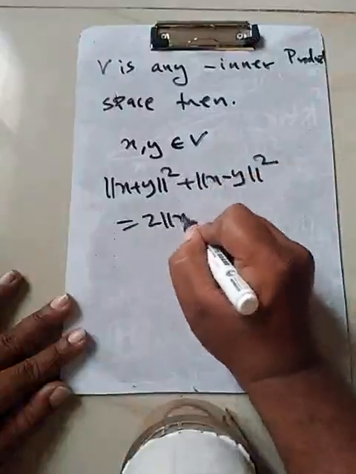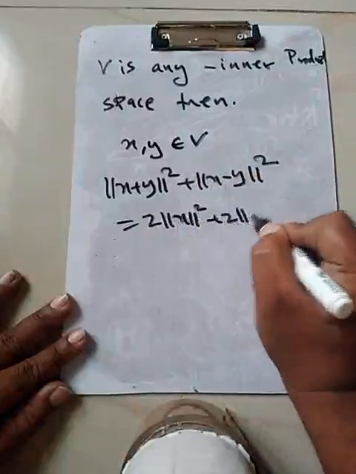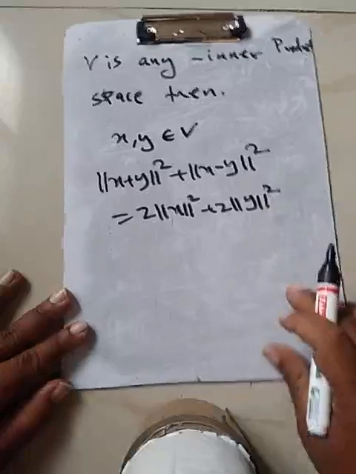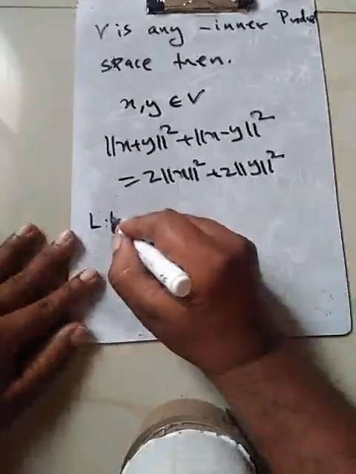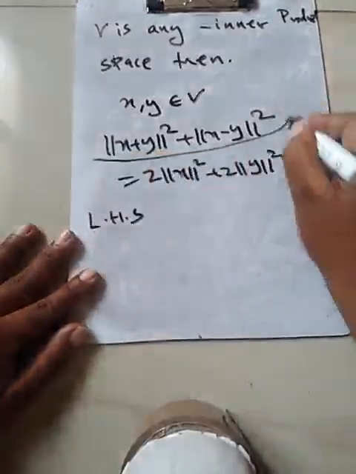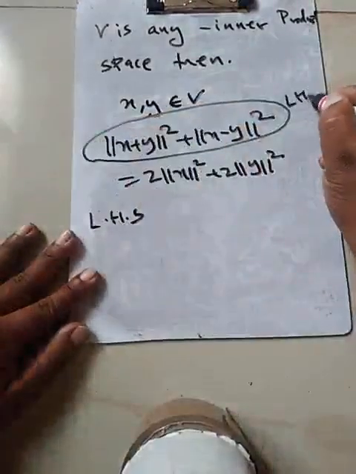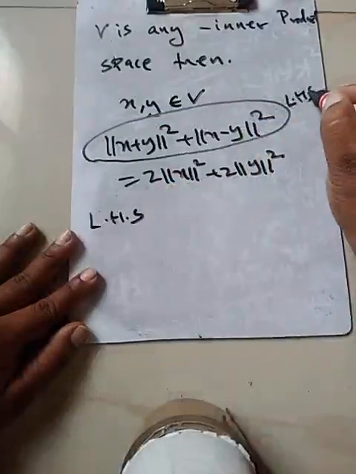2 times norm of y whole square. So this is our LHS and RHS.